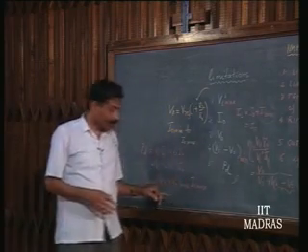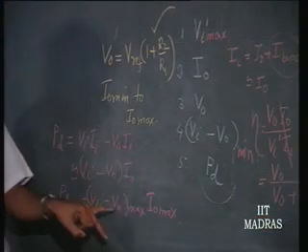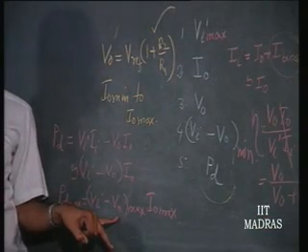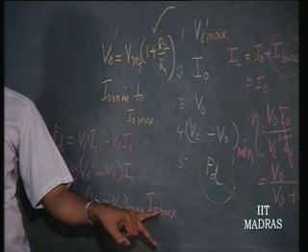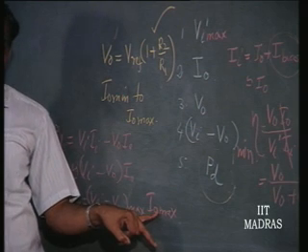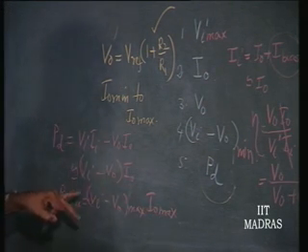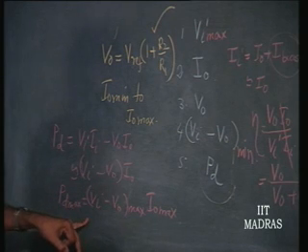In that situation, obviously you have to consider here V I max minus V naught min into I naught max. Is this clear? And that should be the V I max to which your circuit should be limited.